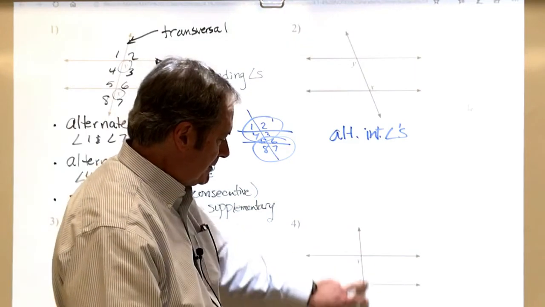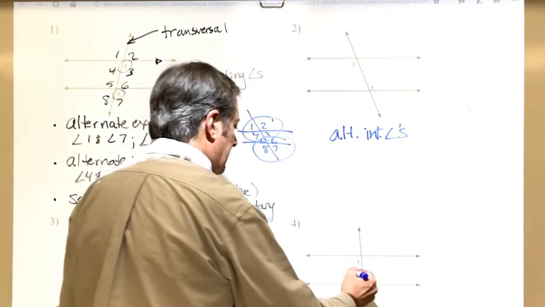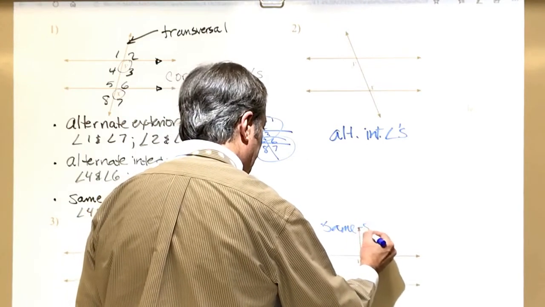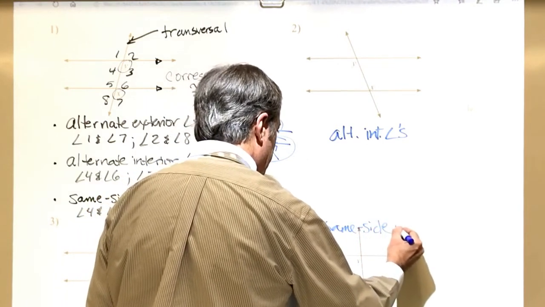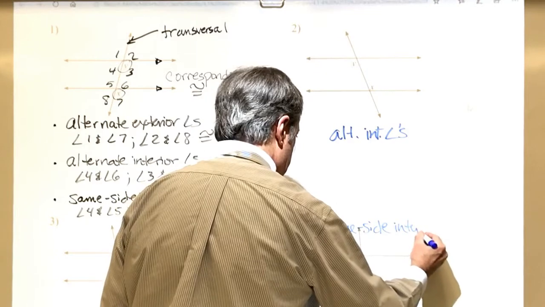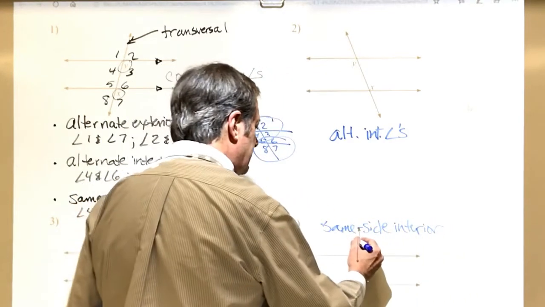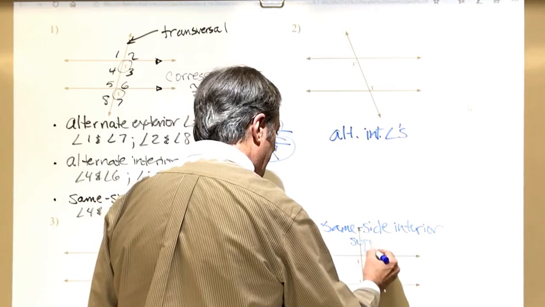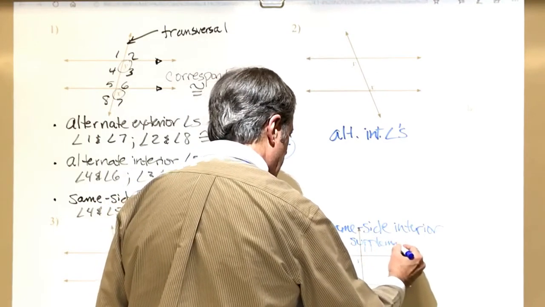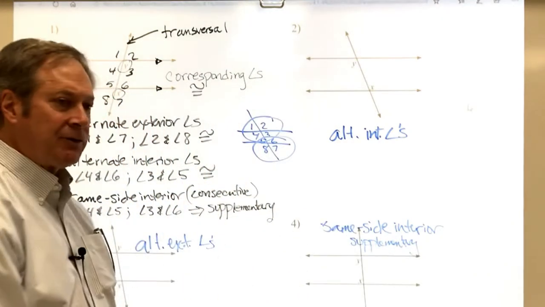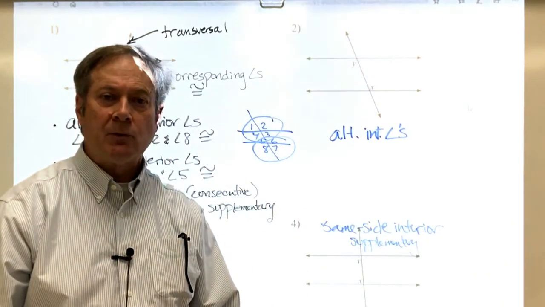They're on the same side of the transversal. And so these are same side, or like I said before, sometimes they're called consecutive. And this is the one exception. These are not congruent. These are supplementary. All right, so that's examples 1 and 4.